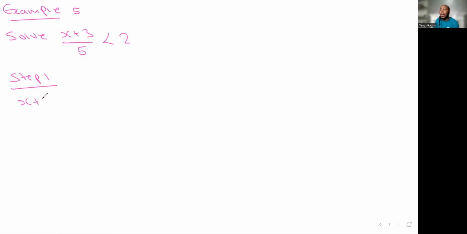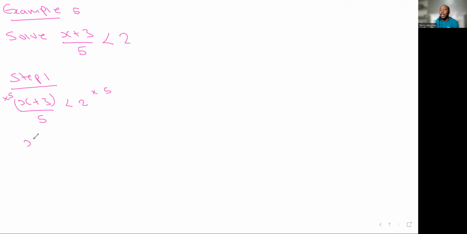All right, let me pick one more. And this will be the last one for this. So we have, this should be example 5. We were told to solve x plus 3 divided by 5 is less than 2. So step 1, we have to make this to be on one side. So I'm going to multiply this by 5 and multiply this by 5.